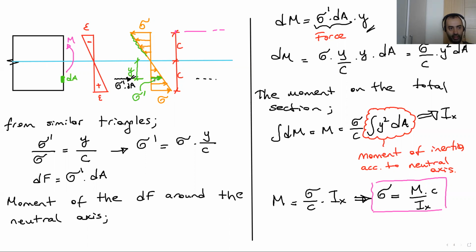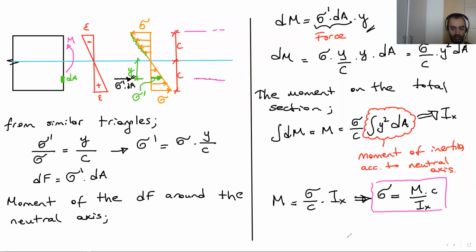If we are going to calculate sigma prime at this level, instead of c we have to put y over here. So this is the maximum.